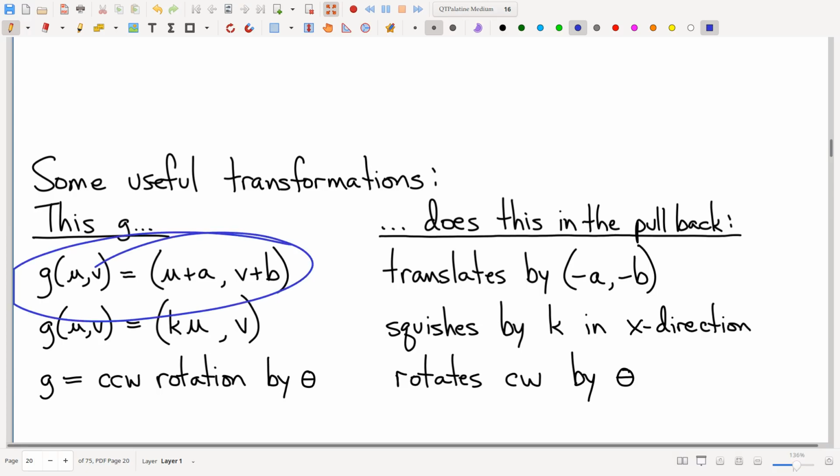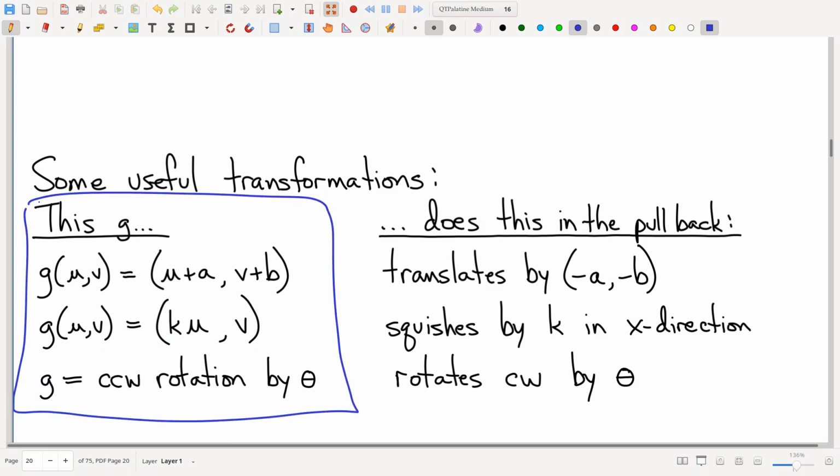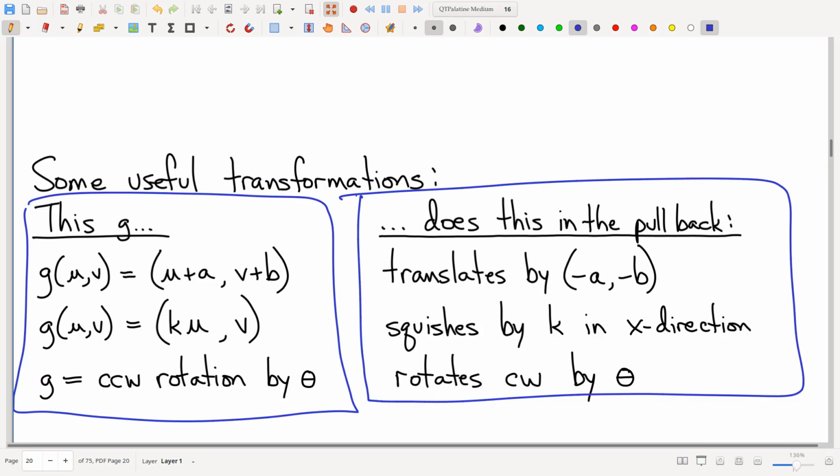Translations, stretches or squishes, whichever. Rotations. I'm going to do an actual example of this on the next page. And just keep in mind that when you use certain change of variables functions, this is what's going to happen to the pullback, and there's a kind of an oppositeness.